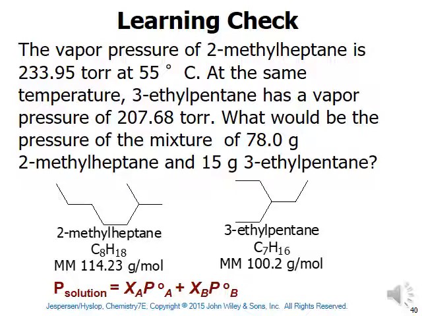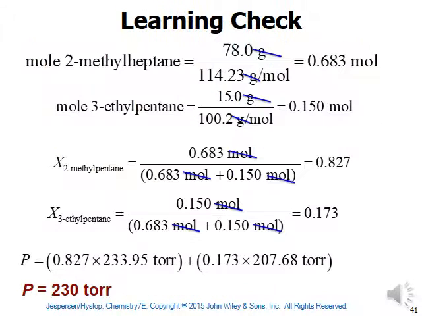Okay, so what do we have here? We have grams of methylheptane, grams of ethylheptane. So we're going to have to change those to moles. We have the vapor pressure of both of them, and here's our formula. So we should have the molar mass.